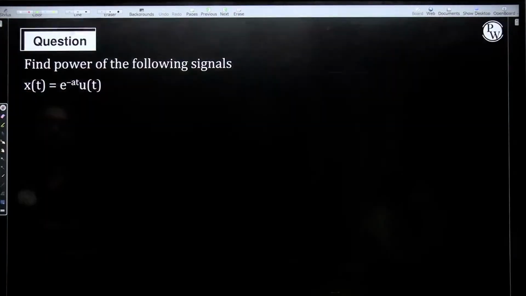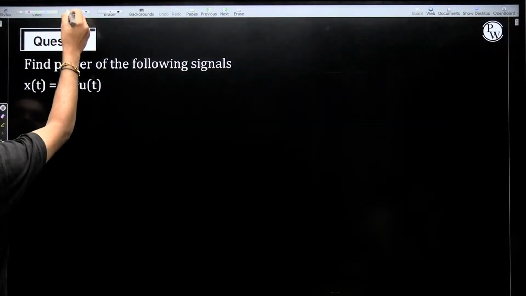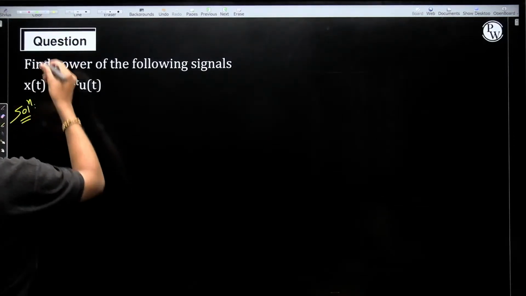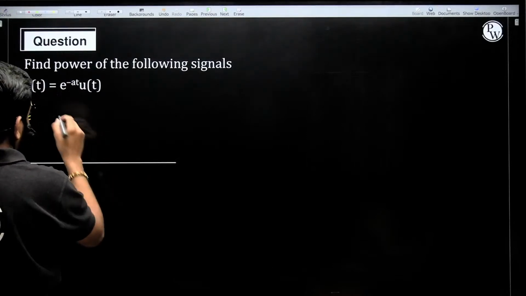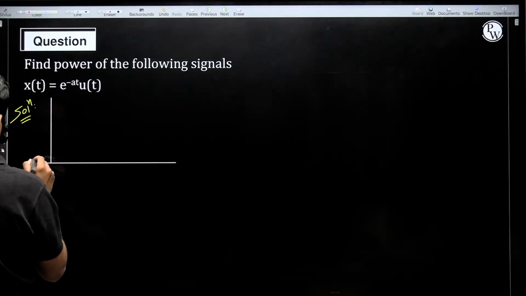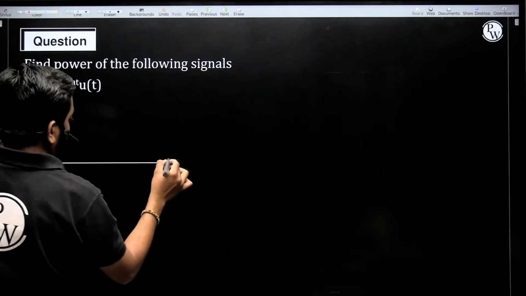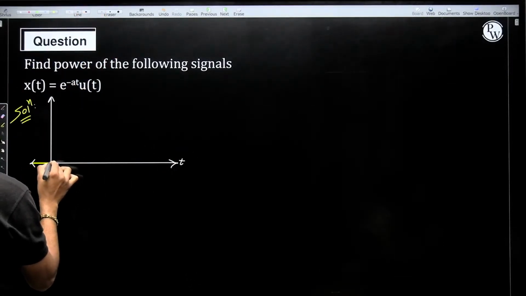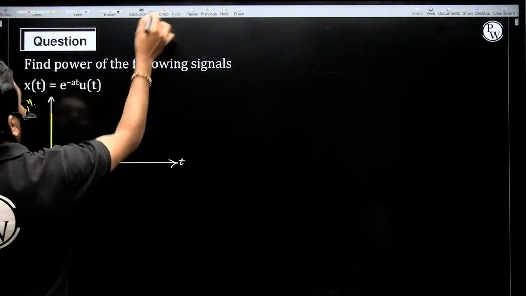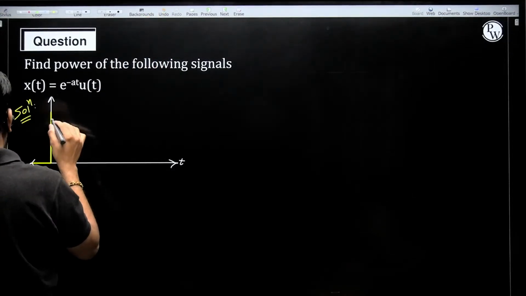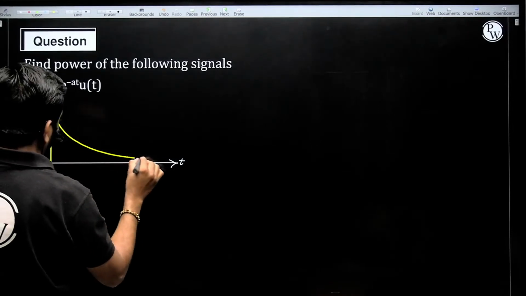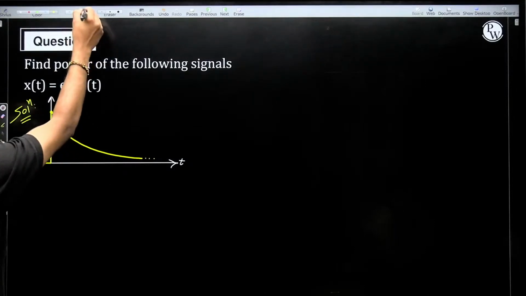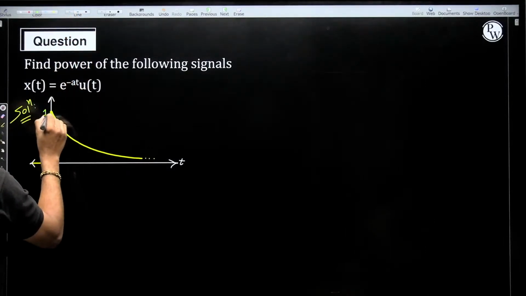Now suppose this is the question: an exponential decreasing function, and we want to calculate the average power of this exponential decreasing function. This amplitude is 1.